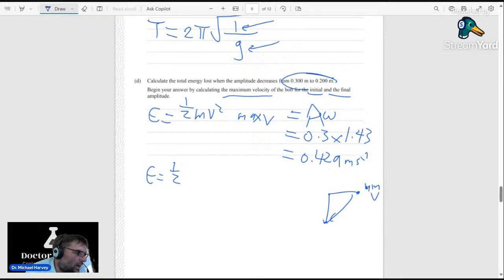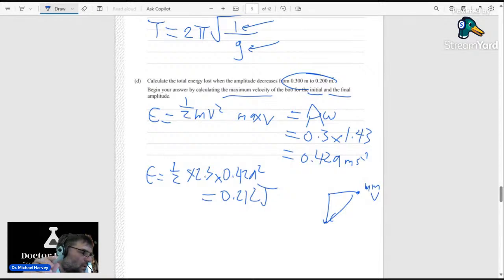Right, so half mv squared. So we just plug in the numbers. So the mass, 2.3, times 0.429 squared, which equals 0.212 joules. Okay. And that will get you an achieved.